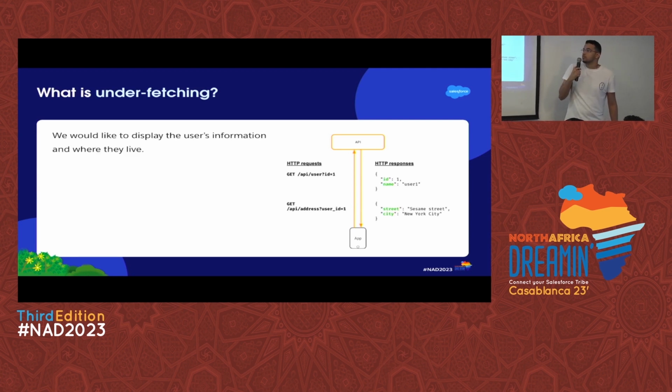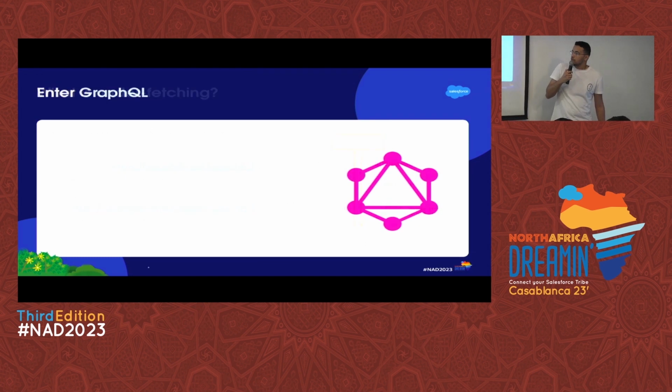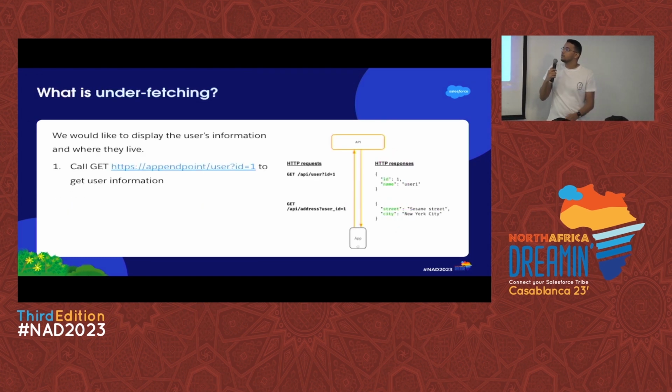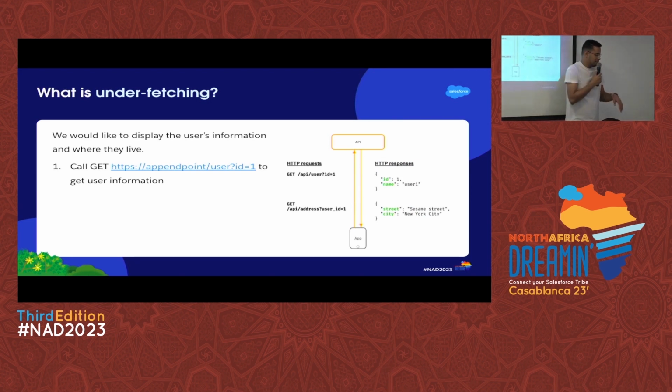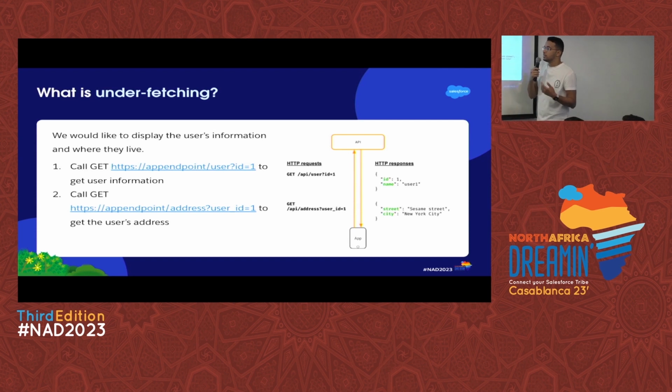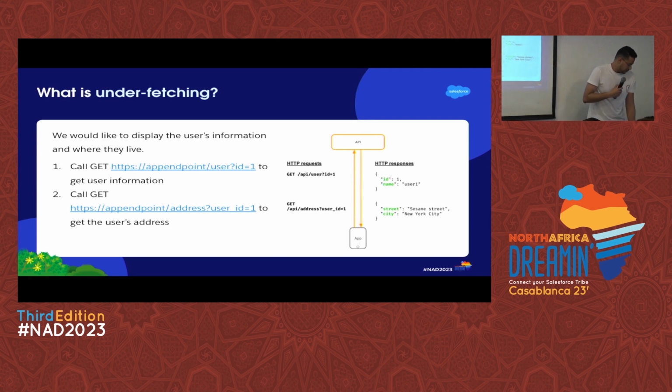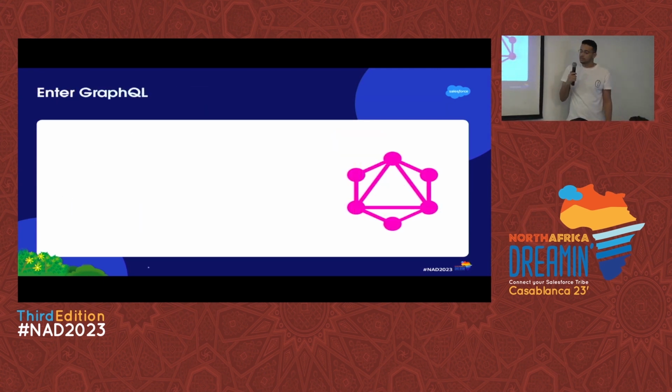So in a normal scenario, we're going to call your first endpoint, get information about that user, and then you're going to have to call another endpoint to get information about where they live. So basically, underfetching is having less data than you need, forcing you to make a second call to an endpoint.